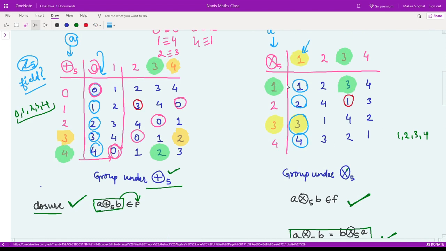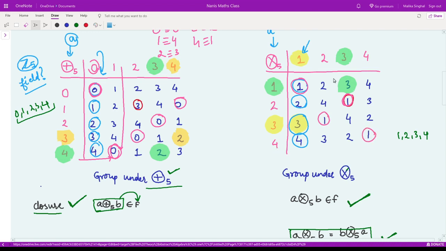So 1, when I do mod 5 with 1, I'll get 1. When I do the multiplication mod 5 of 2 with 3, I'll get 1. Then of 3, when I do it with 2, I'll get 1. And for the case of 4, I'll get it for 4.